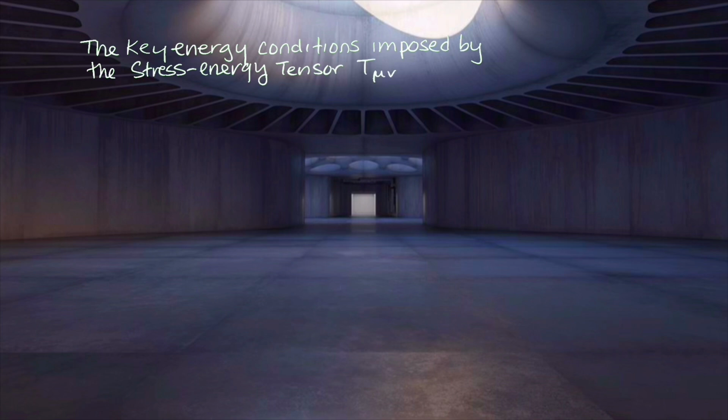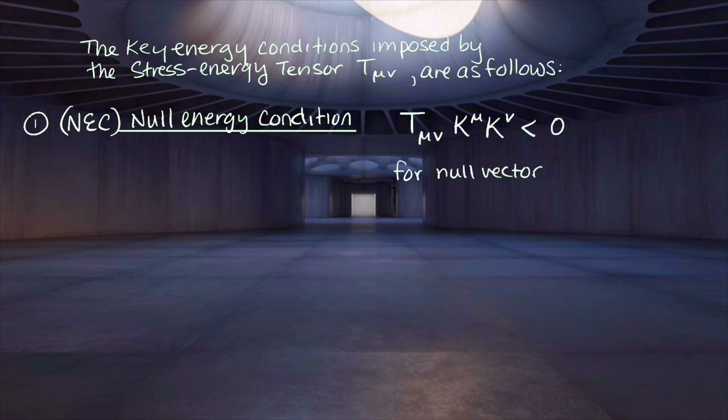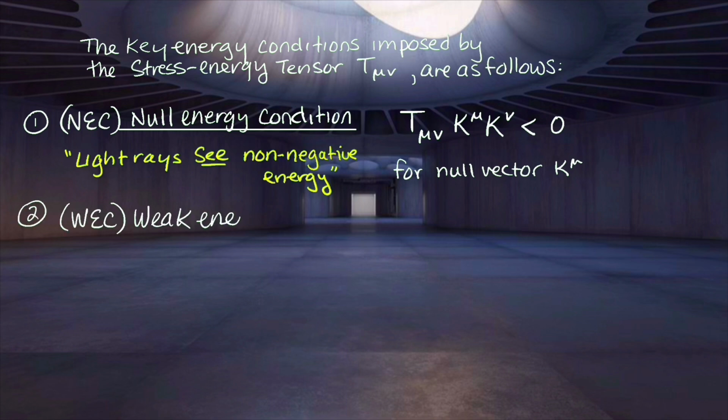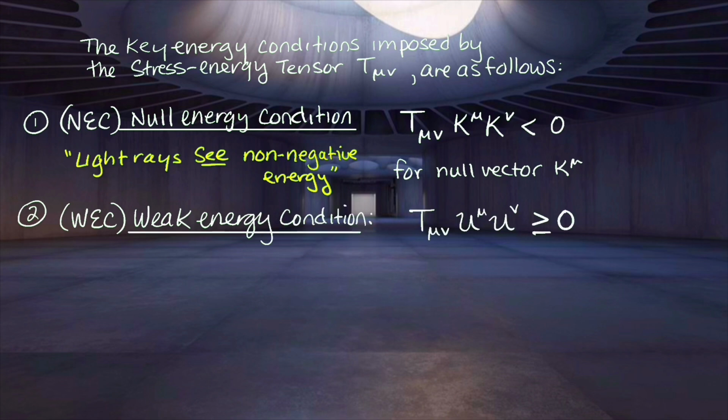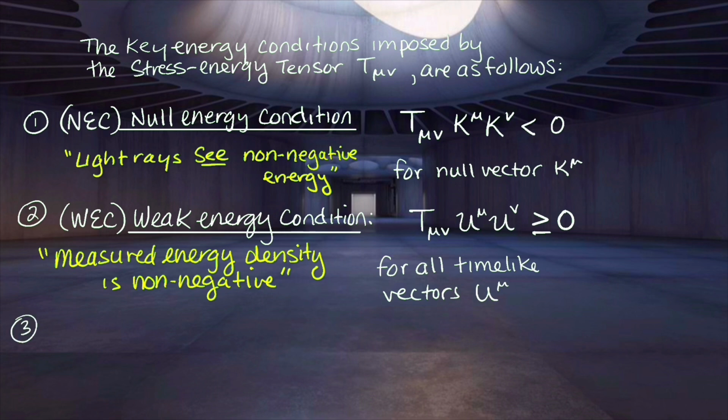The key energy conditions imposed on the stress energy tensor T mu nu are as follows. We have our null energy condition for any null vector k mu. This is the condition that says light rays see non-negative energy. The weak energy condition is for all time-like vectors u mu: measured energy density is non-negative.